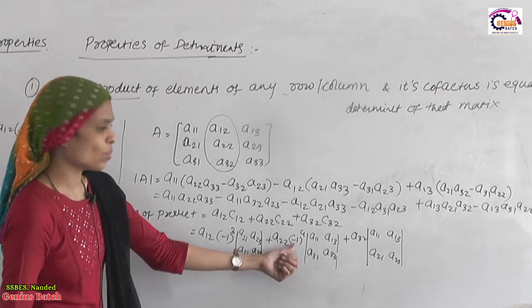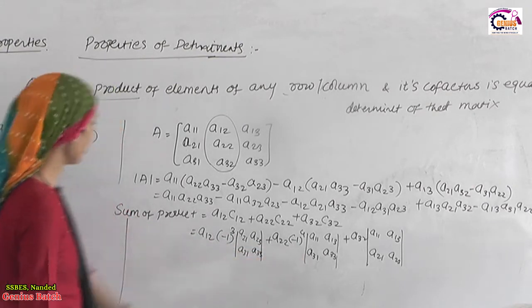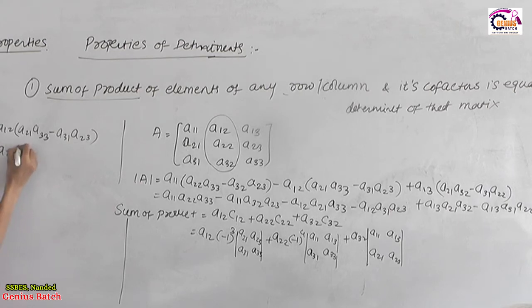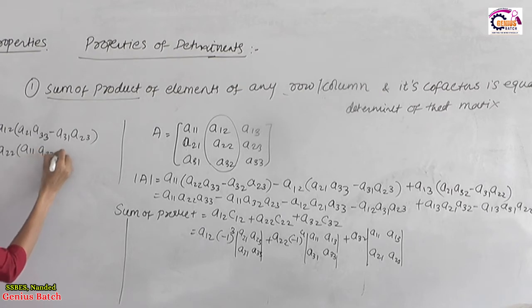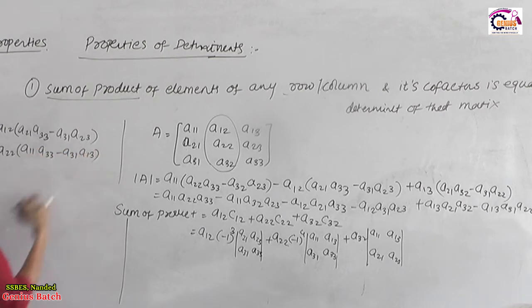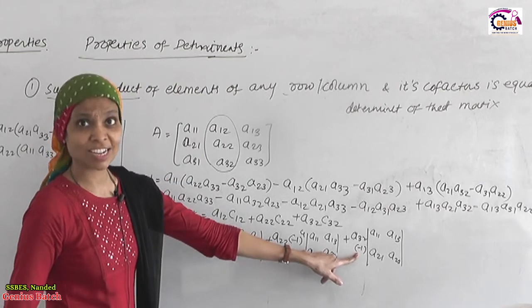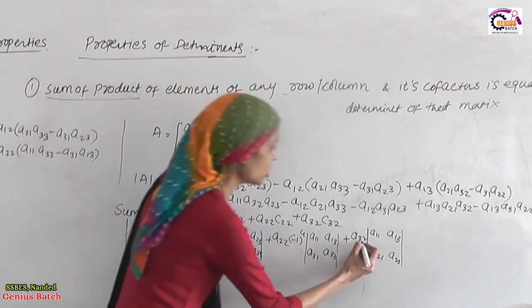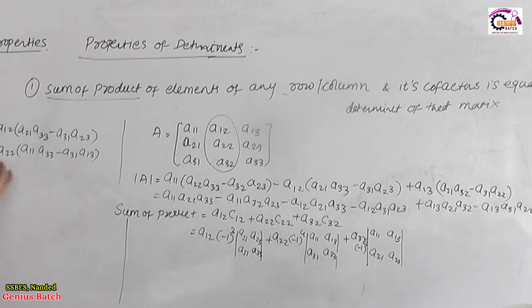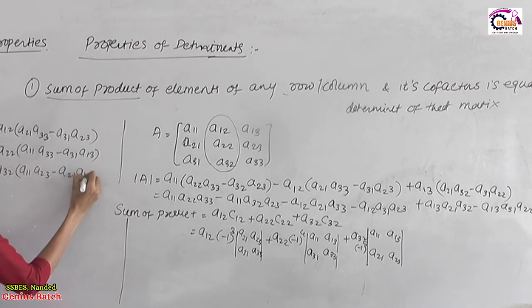Minus 1 raised to 4 is plus 1, so plus A22 times (A11 A33 minus A31 A13). Plus A32: minus 1 raised to 3 plus 2, which is 5, so it will be minus, minus A32 times (A11 A23 minus A21 A13).